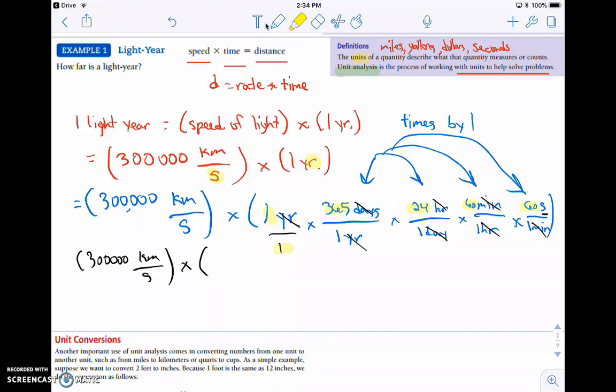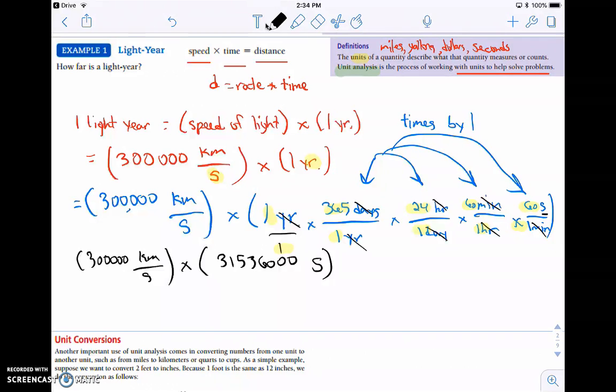And the denominator is 1 times 1 times 1 times 1 times 1, so that's just 1. So in the numerator, you're going to take 1 times 365 times 24 times 60 times 60, which is 31,536,000. And again, the unit there is seconds. So that's how many seconds there are in a year.